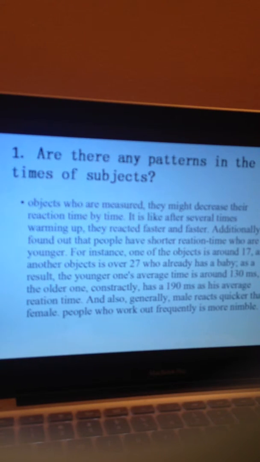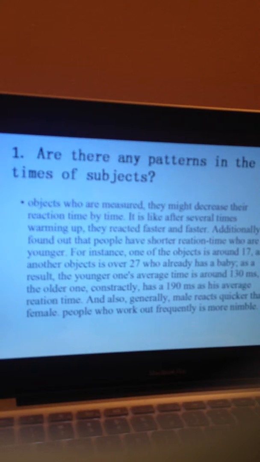The first one is, are there any patterns in the reaction time of subjects? Objects who are measured might decrease their reaction time over time. It's like after several times warming up, they reacted faster and faster. Additionally, I found out that people who are younger have shorter reaction times.